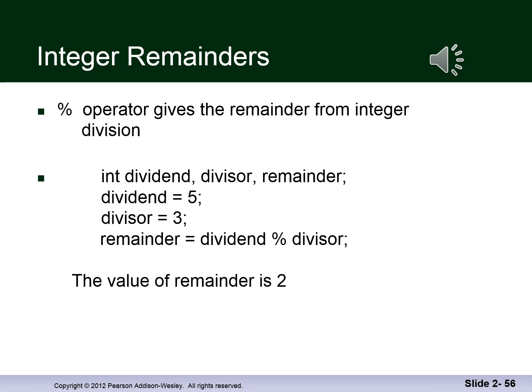And we initialize dividend to 5, divisor to 3, and then assign remainder the value of the expression dividend percent divisor. Now, 5 divided by 3 is 1 with a remainder of 2. The value of remainder becomes 2.